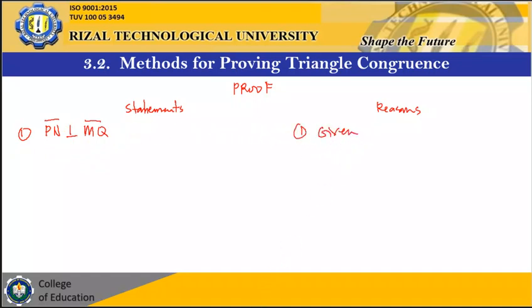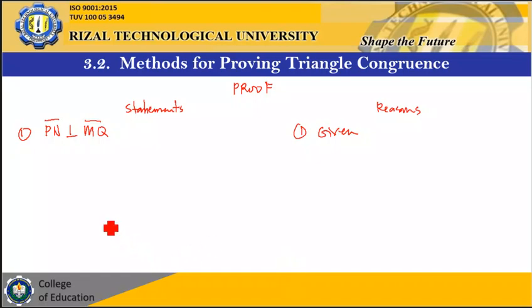We have learned in chapter 1 that whenever we have two segments or two lines as perpendicular, then a right angle is formed.